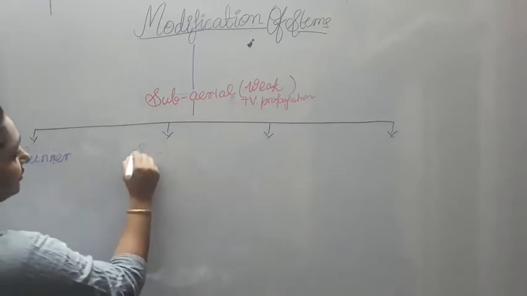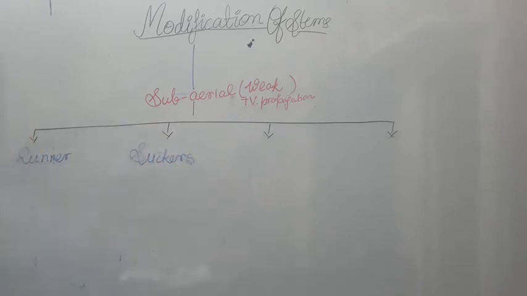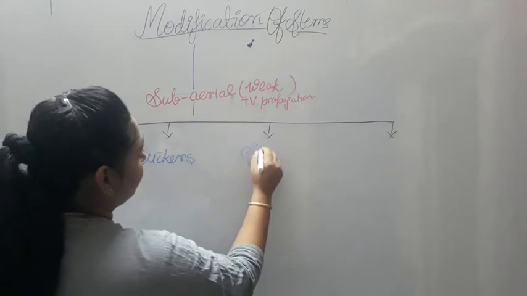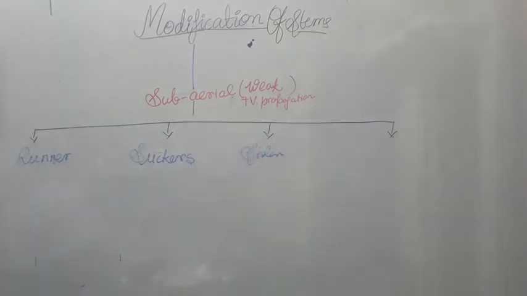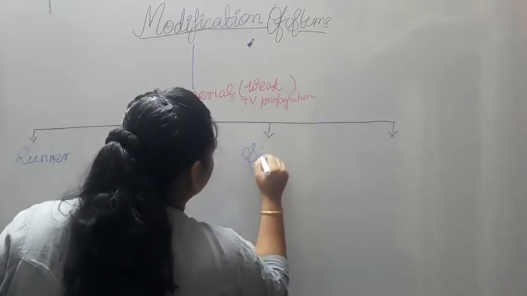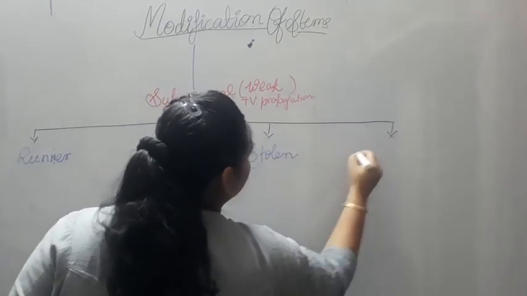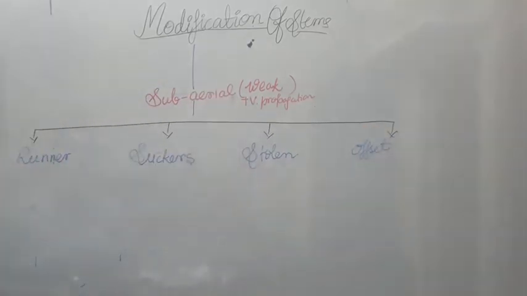This is runner. These are the suckers. Sorry, my pen is actually not working. Okay, so we have runners, we have suckers, we have stolon, we have offset.